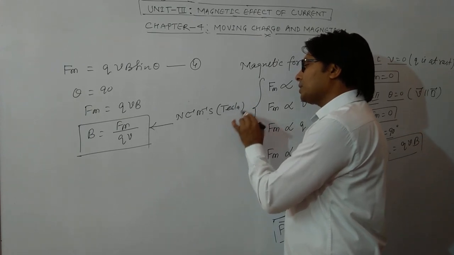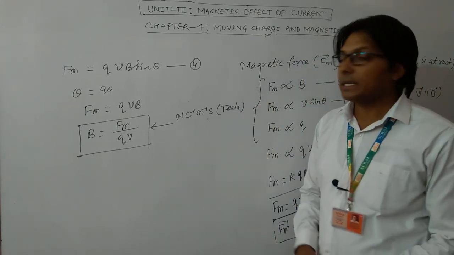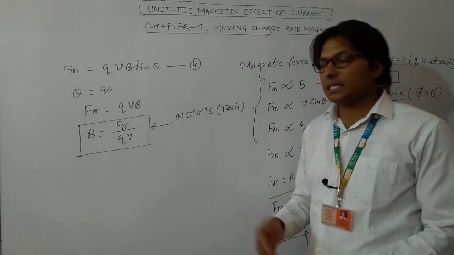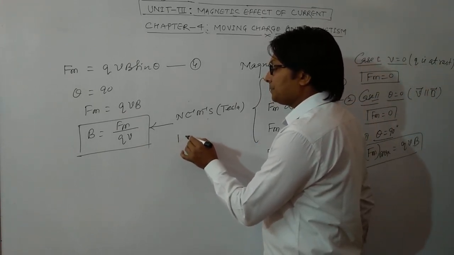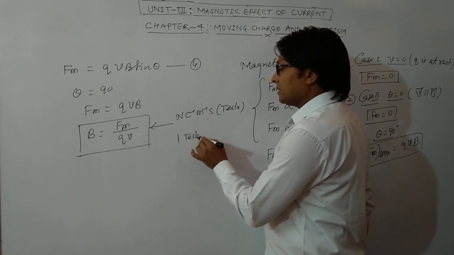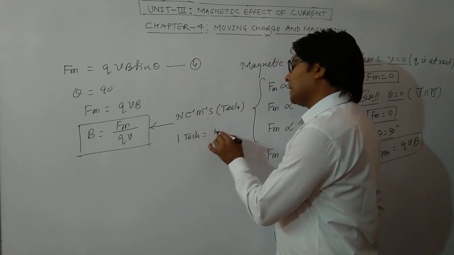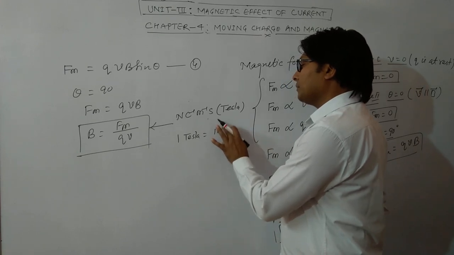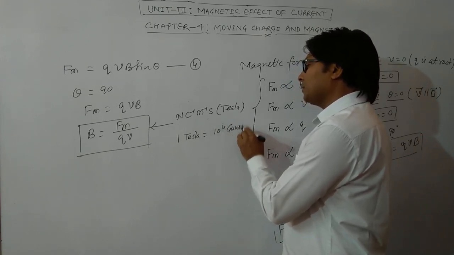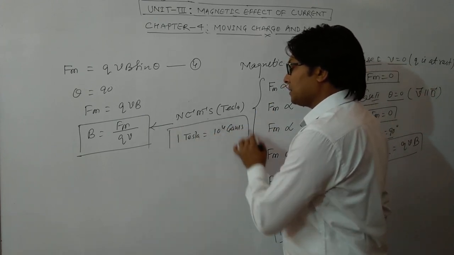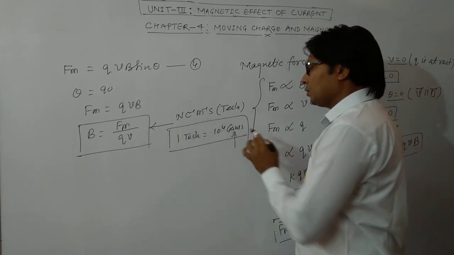So the SI unit of magnetic field is Tesla, and in CGS it is denoted in Gauss, and there is a relation that 1 Tesla is equal to 10 raised to the power 4 Gauss. This is the relation between Tesla and Gauss.